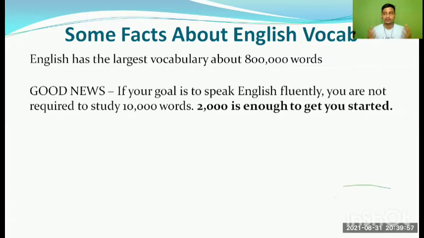How many words should I learn? Let me tell you the good news. If your goal is just to speak English fluently, then you are not required to learn 10,000 words. You just need 2,000 to start speaking fluently.